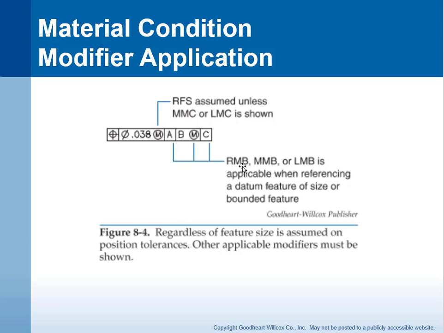Over here, we have an MMB boundary on datum B, which is applicable in reference to a datum feature of size or a bounded feature. So in this case, we have an MMB, maximum material boundary modifier on datum B.